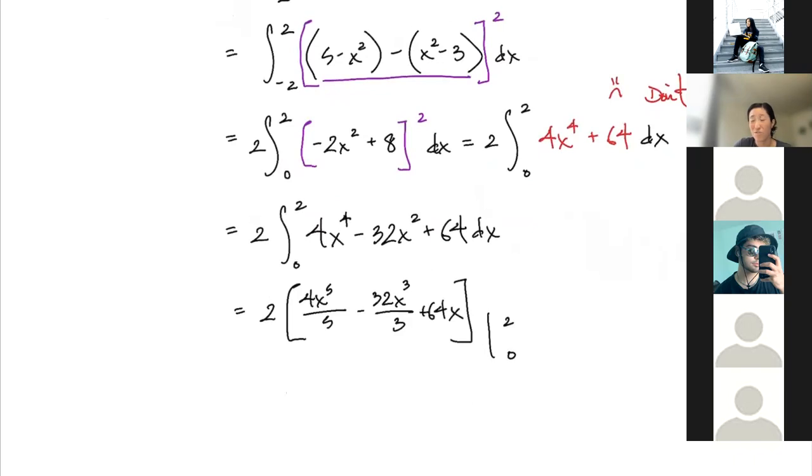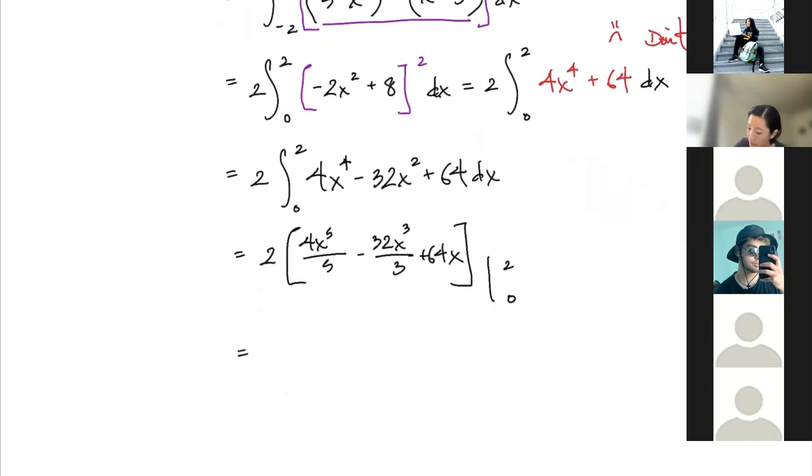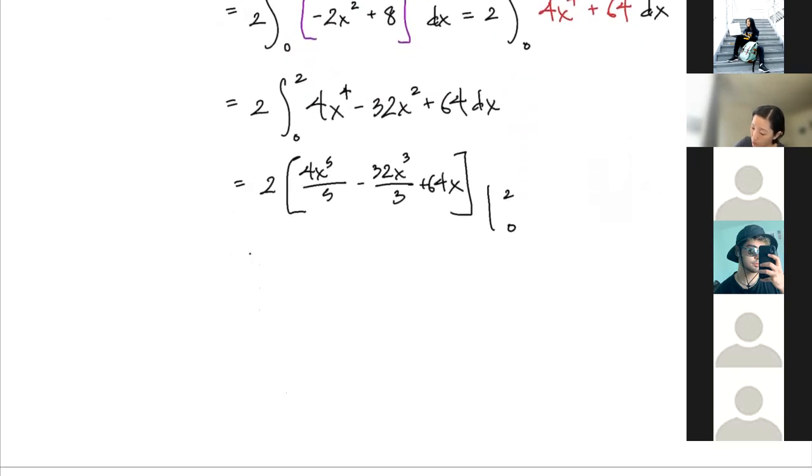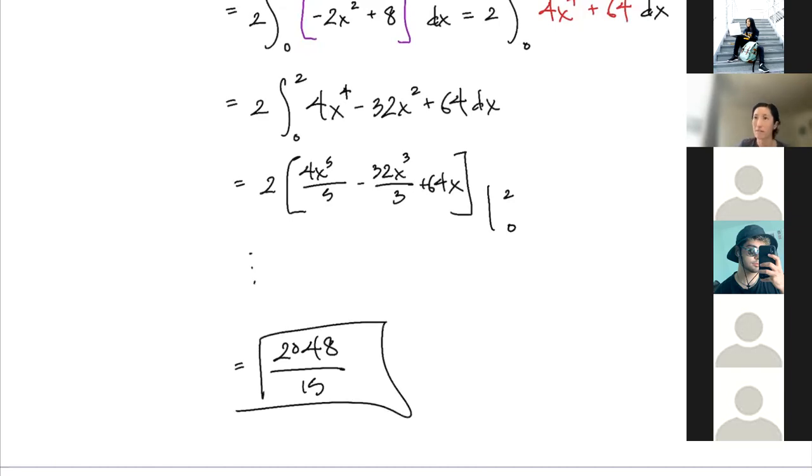This is a lot of gross fractions. I'm super glad we decided to use the idea of symmetry so that we could make our calculations a little bit easier. Okay. And so I'll leave those computations to you in the privacy of your own home. But at the end, you should end up with this.